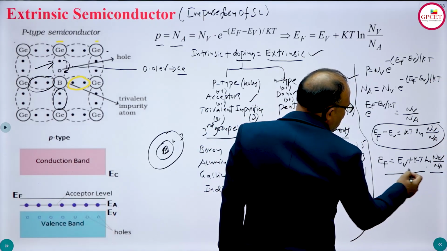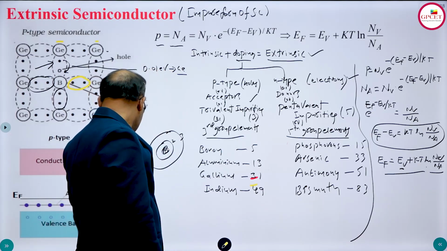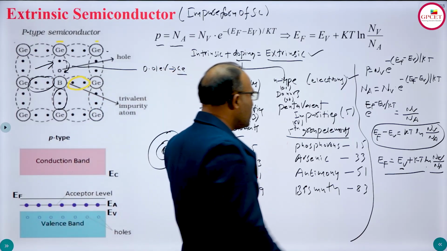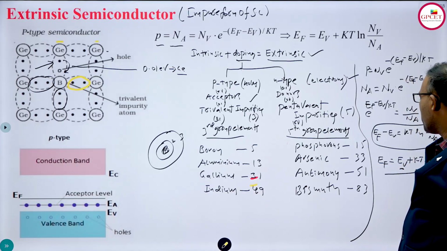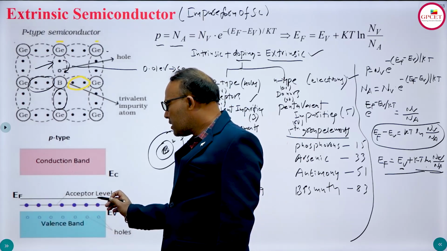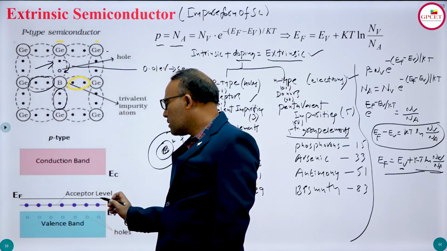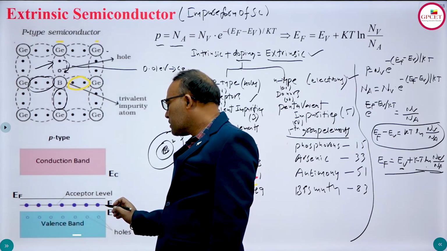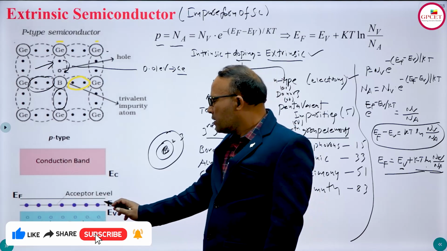That means something has been added to the valence energy level. What is that something? It is KT Ln Nv by Na. Then you get the Fermi energy level, and this Fermi energy level is very near to the valence band. This is the Fermi energy level, and this is called the acceptor energy level Ea, where holes will be present.